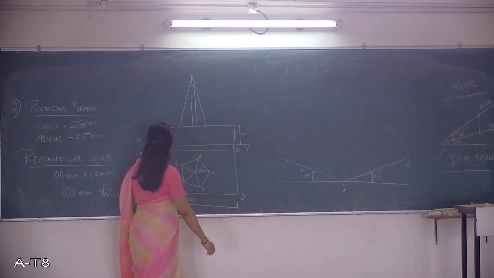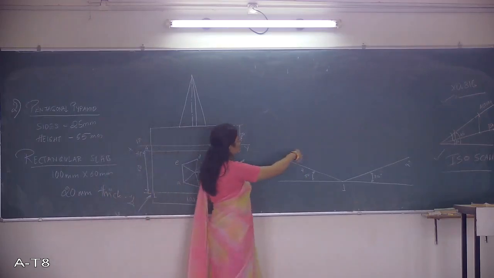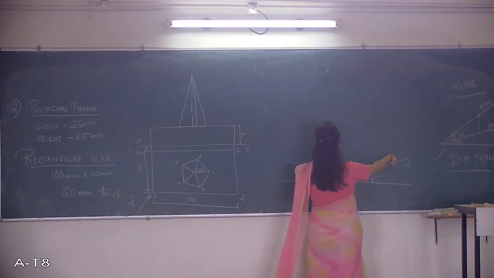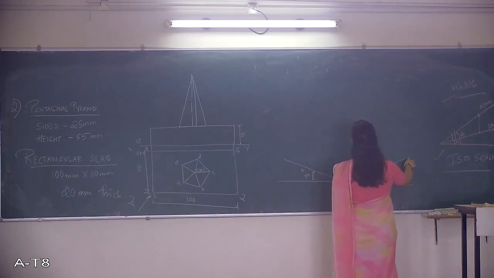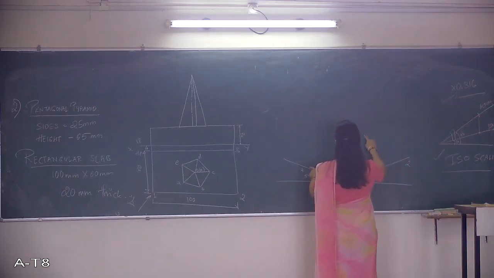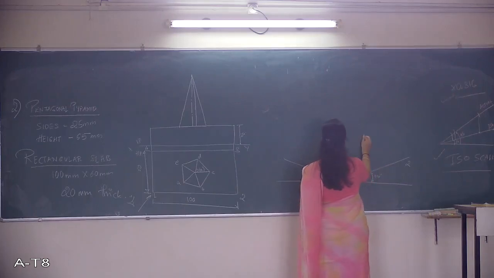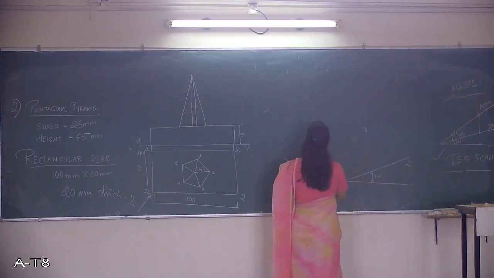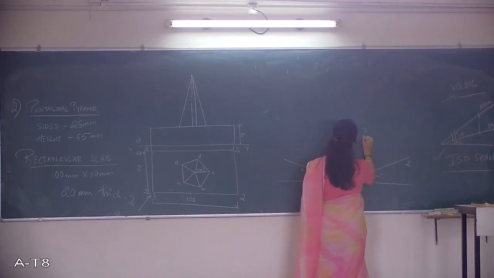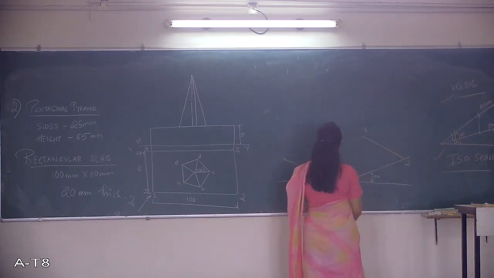Next, see how much is 4 to 3, go to the ISO scale and then you mark that here. So you are getting this point 3. Next, you just have to join all the points.